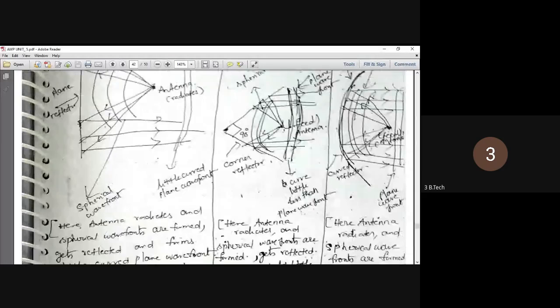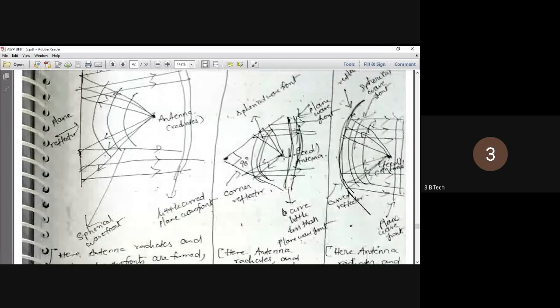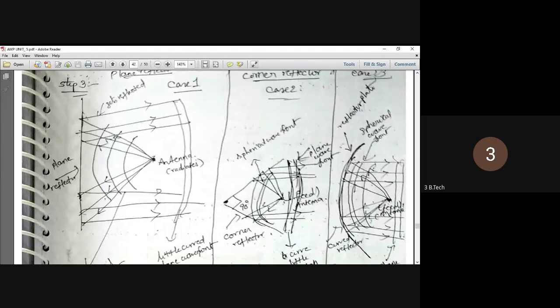Case 3. Can anyone tell about case 3? This is your Airtel dish, a parabolic antenna, direct. Yes, sir. In case 3, the feed is also a parabola.